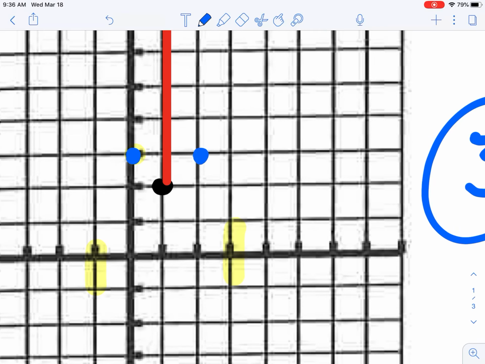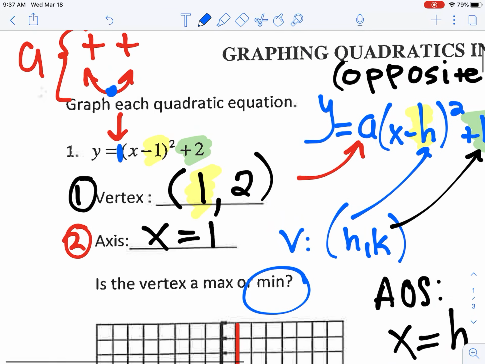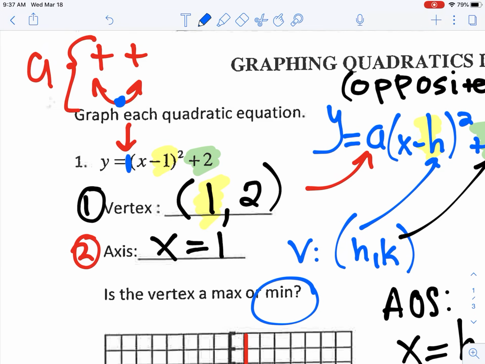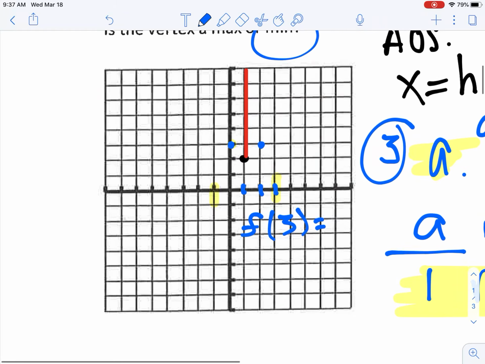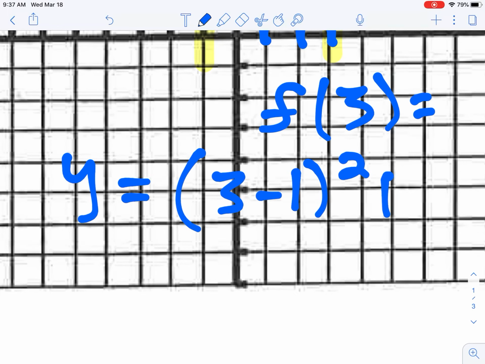All right, so I can pick either point, and I want to pick the point that's going to be easiest for me. So in this case, I like to pick positive numbers. So I'm going to test f at 3. What is y? So the way I'm going to do that is I'm going to plug into the original equation. Wherever I see an x, I'm going to plug in a 3. So y equals 3 minus 1 squared plus 2.